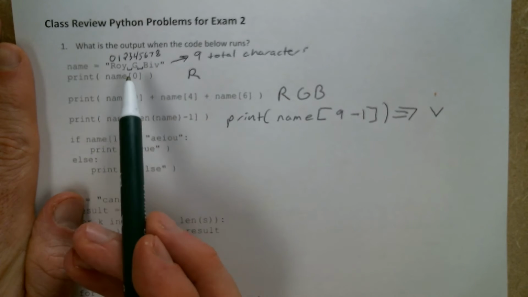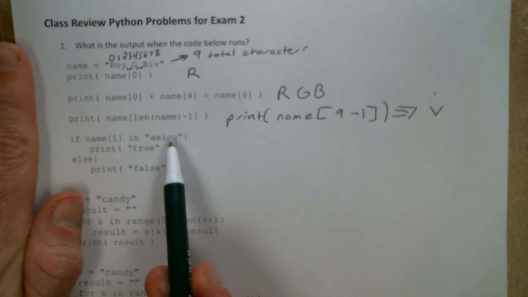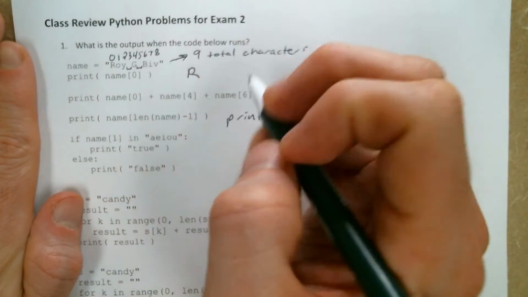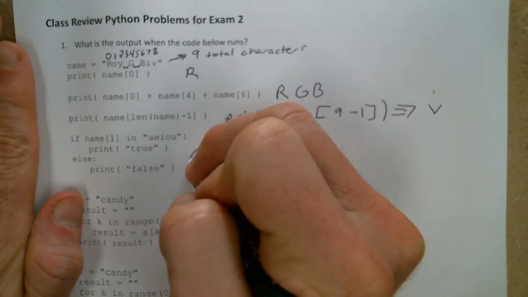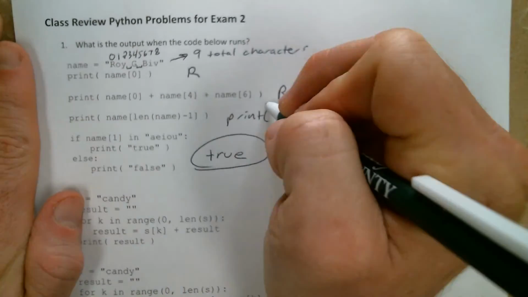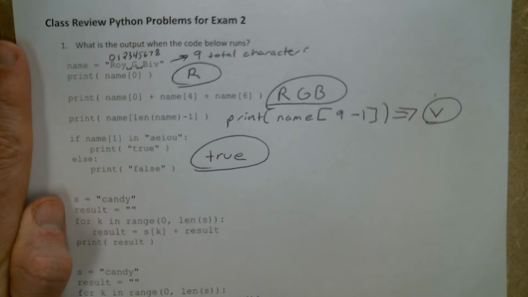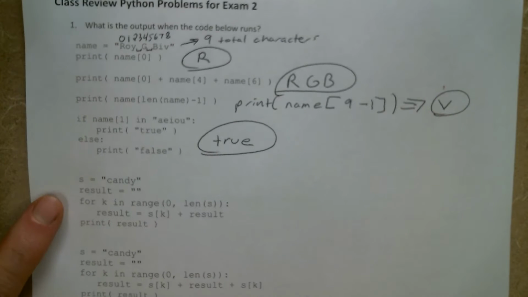So we know that index 1 is the O. O is inside of this string or this list. So this one is going to print out the word true. All right, so this one's going to be true. This one's lowercase v. This one's RGB. This one's uppercase R.